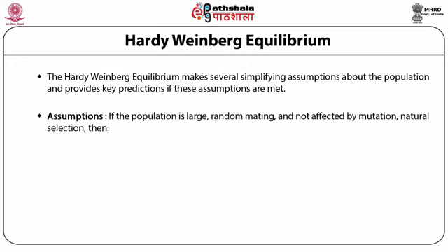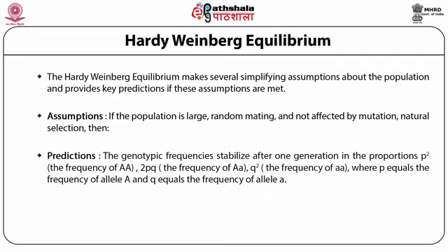If the population is large, randomly mating, and not affected by mutation or natural selection, then the prediction is that the genotypic frequencies stabilize after one generation in the proportions p squared, 2pq and q squared, where p is the frequency of allele A and q is the frequency of allele a. p squared is the frequency of the AA genotype, 2pq is the frequency of the capital A small a genotype, and q squared is the frequency of the recessive small a genotype.